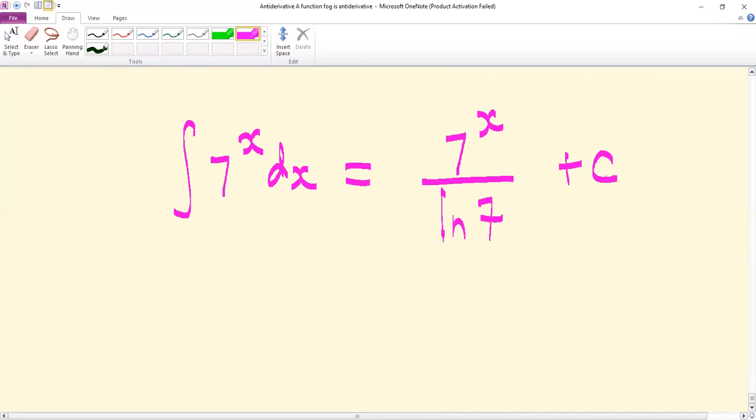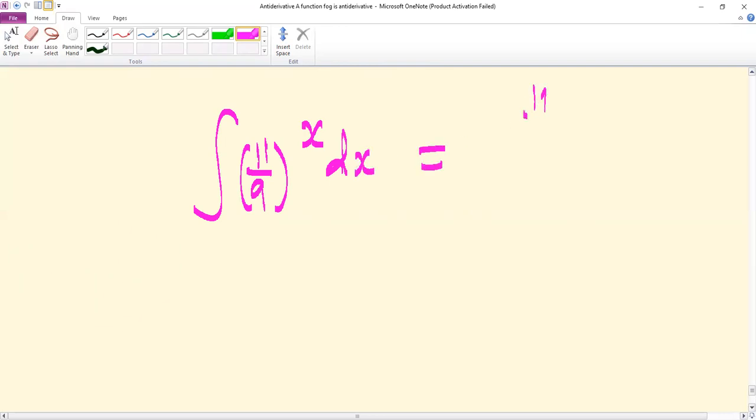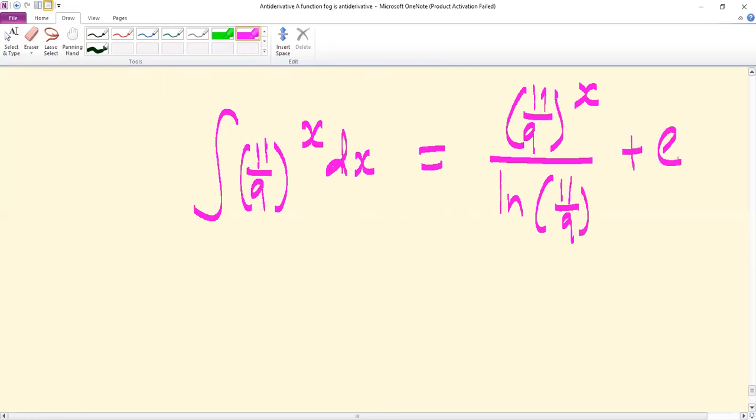So that will be the solution. And if they ask you to evaluate the integral of, say, 11 over 9 raised power x dx, then the answer will be 11 over 9 raised power x over ln of 11 over 9, then plus c. You can always simplify using laws of logarithms to get the answer.